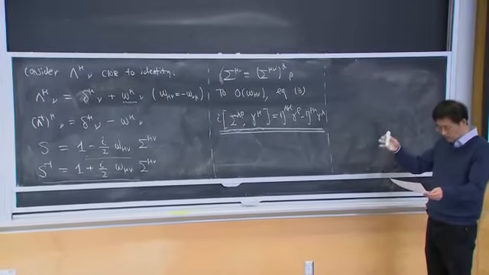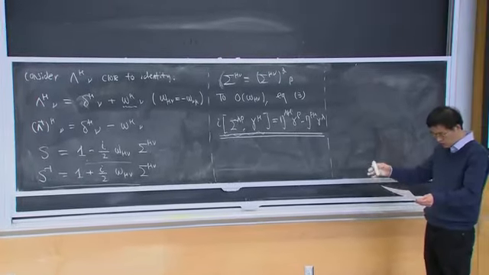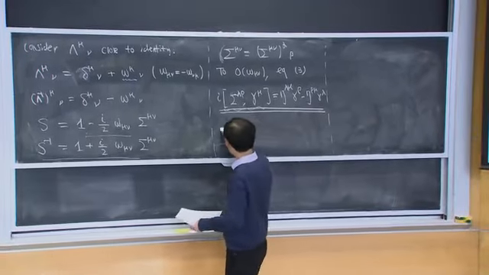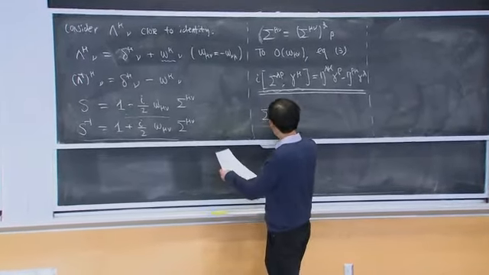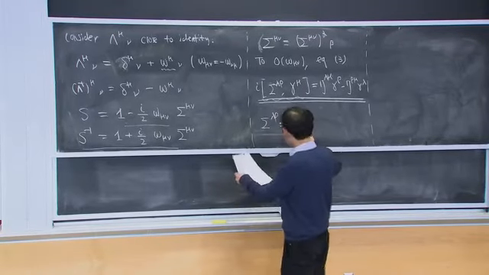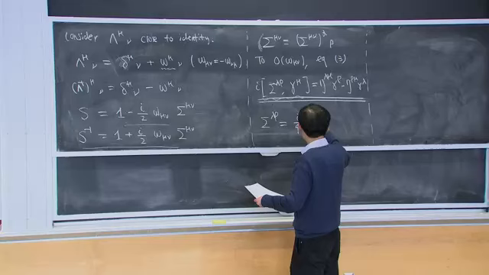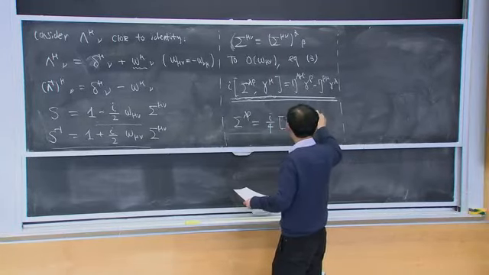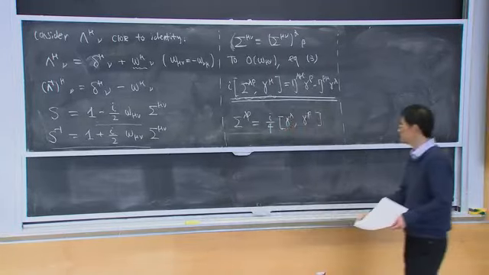The nice thing about other people having found the solution is that you can just check it. So you can check this quantity. This solves the equation. You can plug this in.